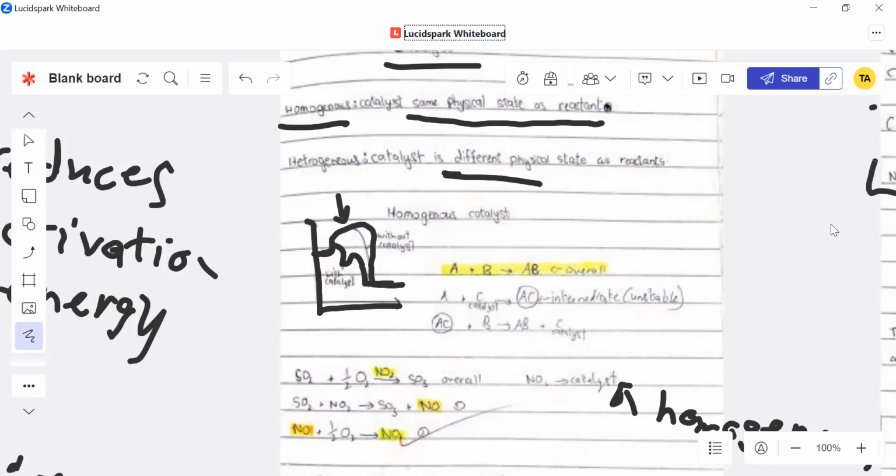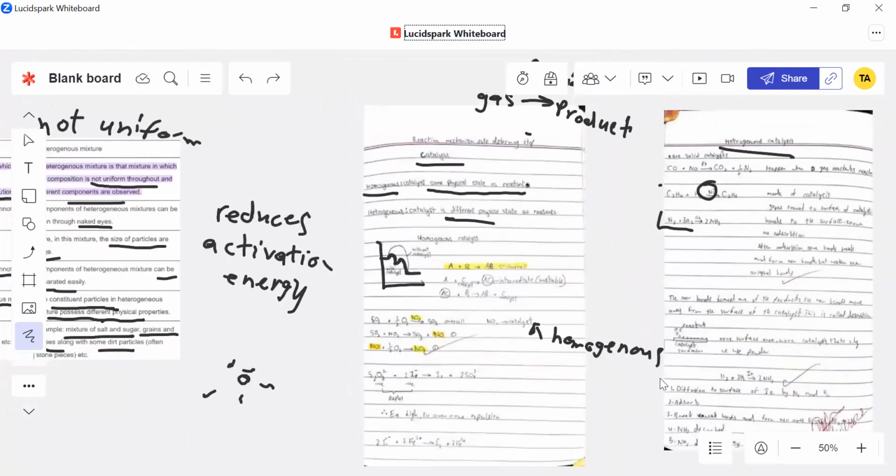This cycle, where the energy required is huge, is where I don't use a catalyst. But when I use a catalyst, this would be my energy diagram. You can see that the activation energy when I use a catalyst is much less compared to when I don't use a catalyst. So a catalyst simply reduces activation energy.